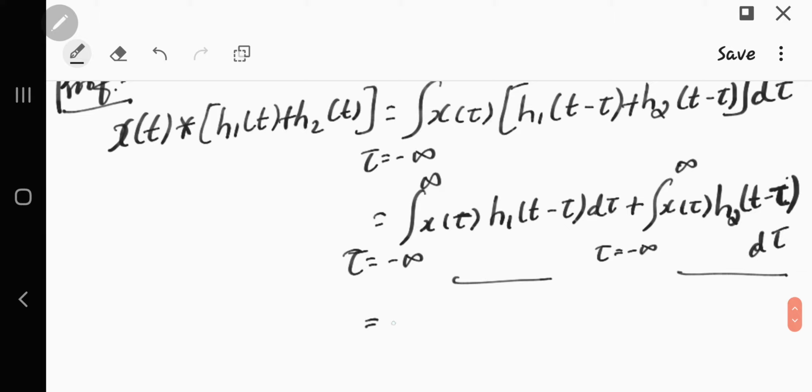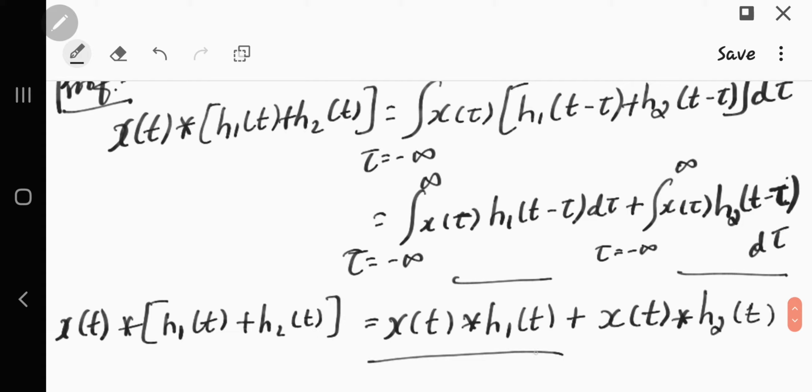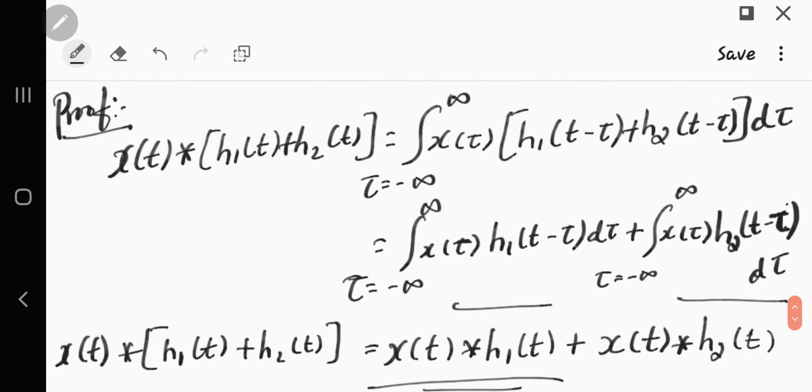We can write it as x of t convolved with h1 of t, and this one as x of t convolved with h2 of t. And to the LHS we started with x of t convolved with h1 of t plus h2 of t. Hence, it is proved here. So, this is the proof for distributive property.